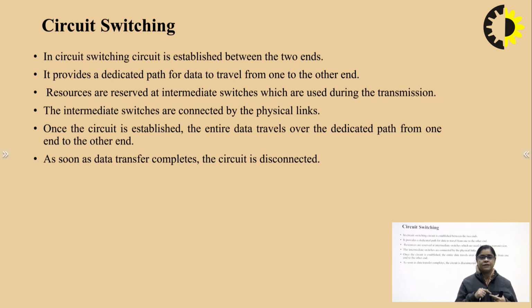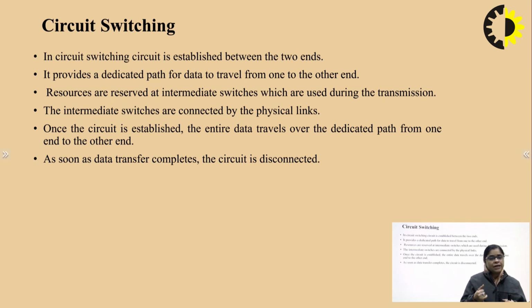I am the source and the destination is my friend. The transmission goes from my phone to my friend's phone, and the resources are reserved in those two phones. A dedicated path is there: if I am calling my friend, that path is dedicated to my friend's phone, not to my family member's phone. So in circuit switching, it provides a dedicated path for data to travel from one end to the other end.